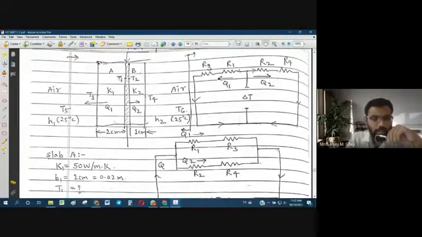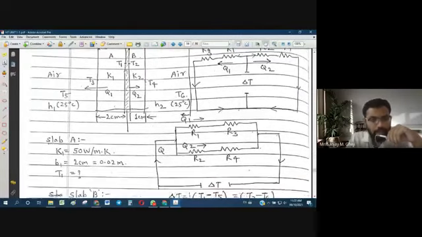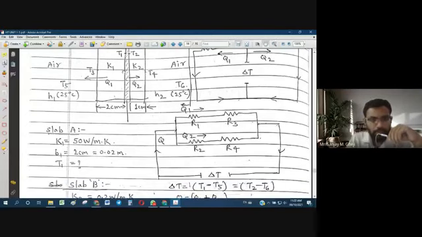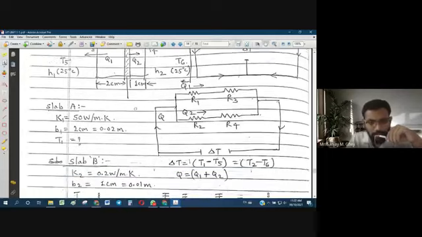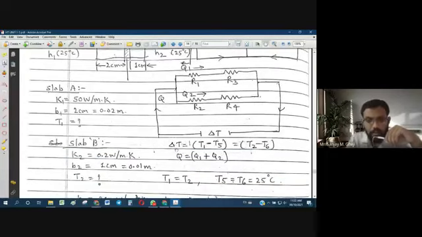This is going to be the maximum temperature. The same will be true for temperature T2, that will also be maximum, and eventually both will be equal, T1 equal to T2, and T5 is also equal to T6. So the overall temperature difference is T1 minus T5, which is equal to T2 minus T6.